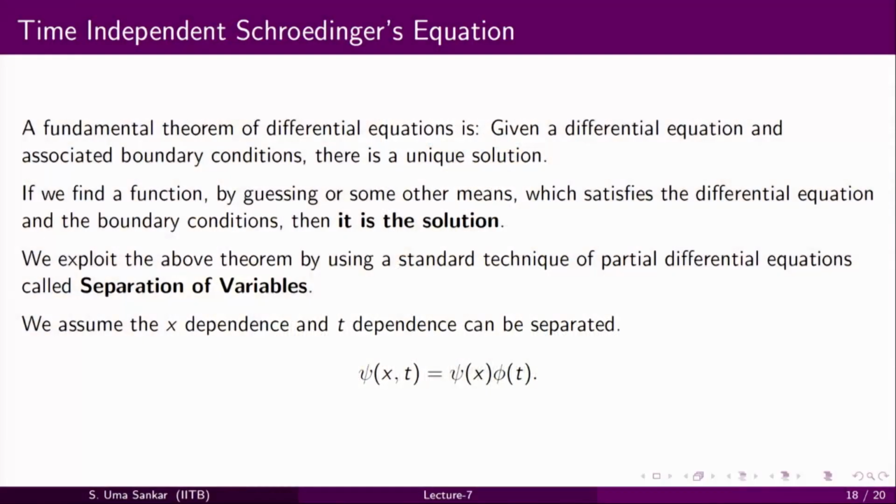So, how do we do that? Well, we again appeal to important theorems in differential equations, and a very important theorem is, given a differential equation and corresponding boundary conditions, the solution to that differential equation is unique. This is also the theorem that we use in solving problems with Newton's second law.